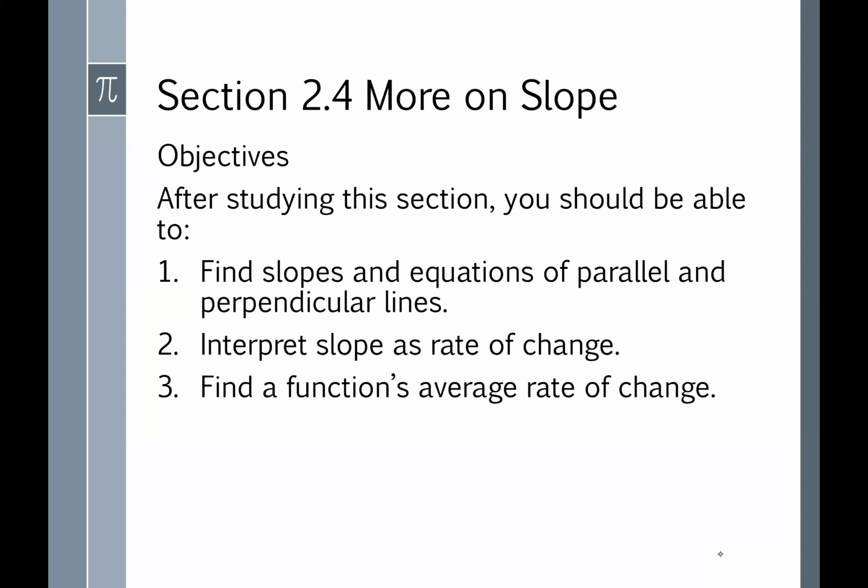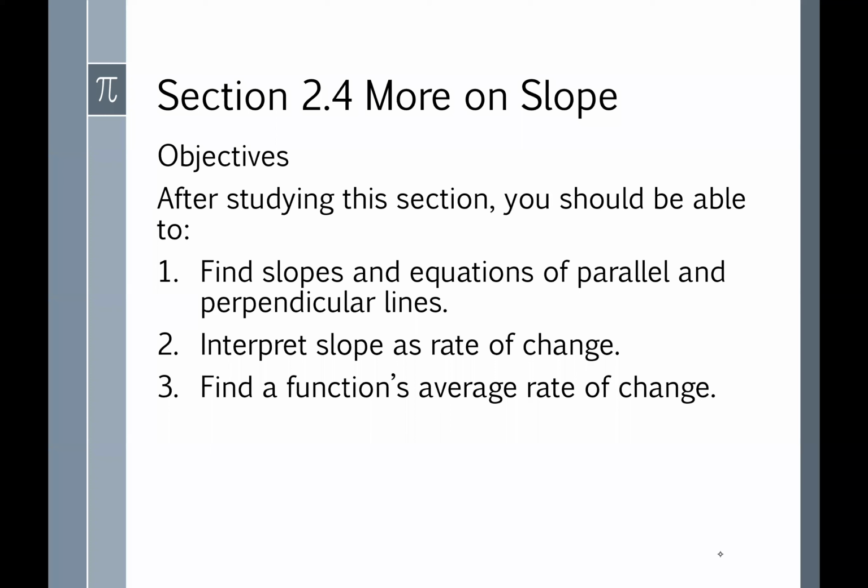And then we're going to talk about slope as a rate of change. Because the fact of the matter is, you can talk about the rate of change of a function even if it isn't linear. So far we've been talking about slope in terms of linear functions, lines, and that makes sense. You can look at a line, measure its rise over run and find its slope.